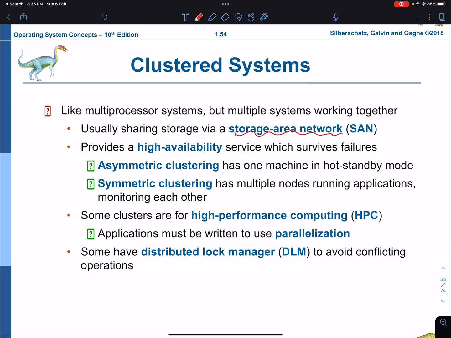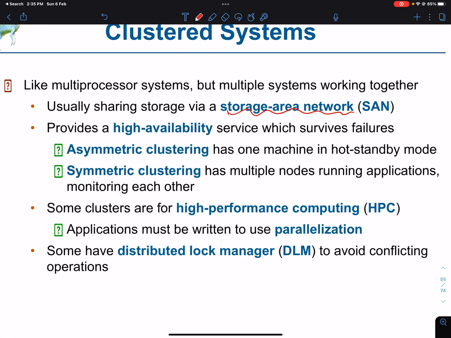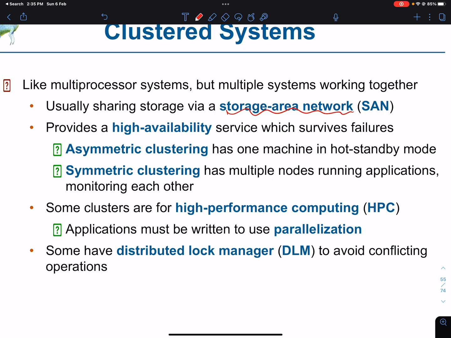Like the huge disk drives or whatever storage we have in our networks. I don't know if you guys have access to that, but we do have such a thing. It provides high availability service for data and storage and so on.